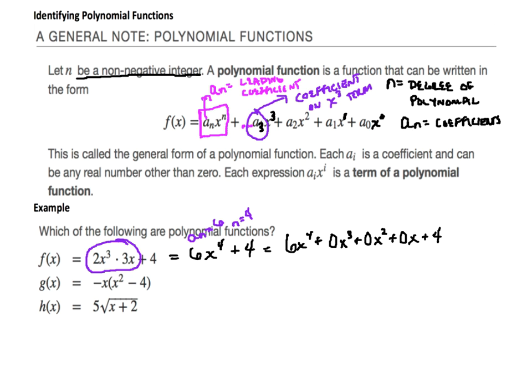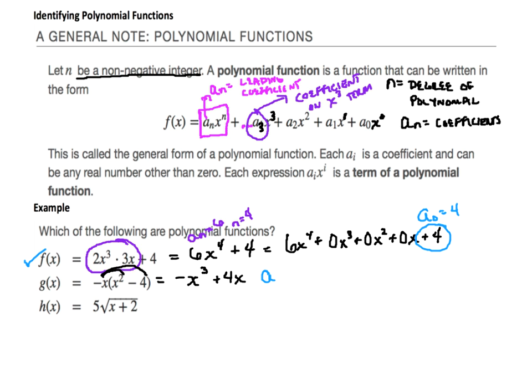So in this case, a sub 0 is equal to the constant 4. A sub 0 is always your constant term tacked on to the end. So yes, this is a polynomial function. And this next one, if I distribute, I end up getting negative x cubed plus 4x, which fits the definition of a polynomial function.